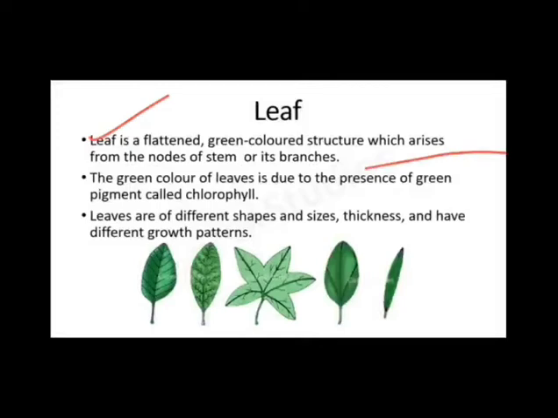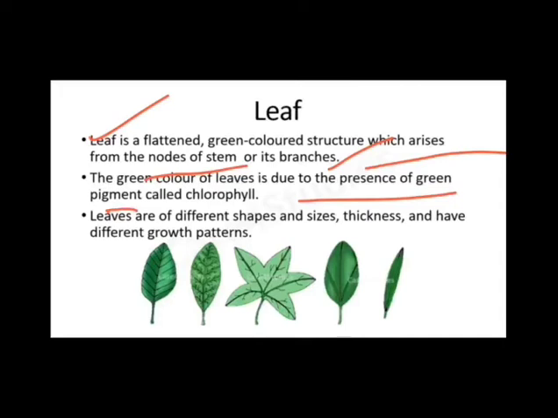And the green color of the leaves is due to the presence of a green pigment. Okay, so this green pigment is the main cause of the green color of the leaves, and it is known as chlorophyll.